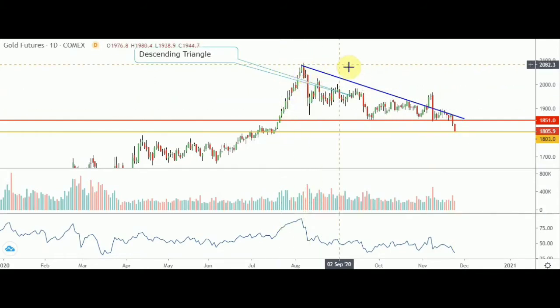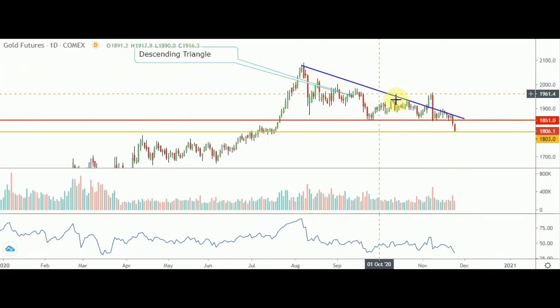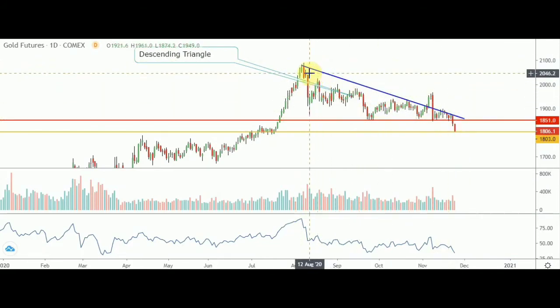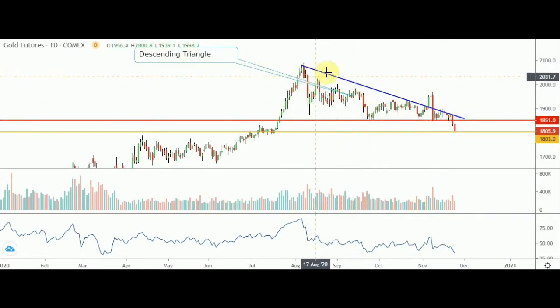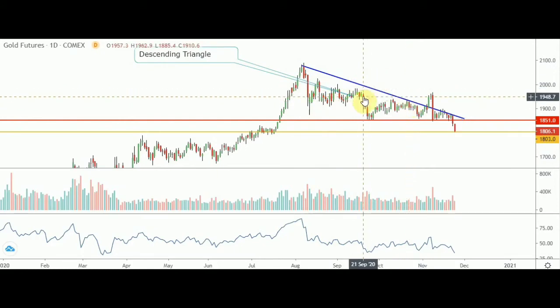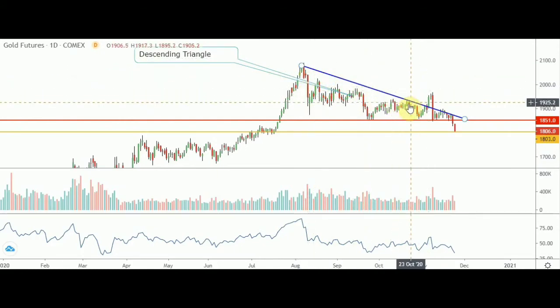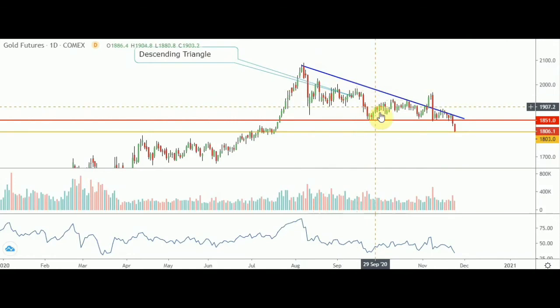It forms with a horizontal line, this red line, and one slanting line. For the slanting line I have connected the highs. The second high is lower compared to the first high, and the third high is lower compared to the second and first. And the lows are almost at the same level.